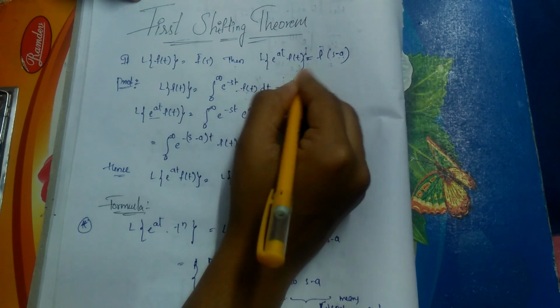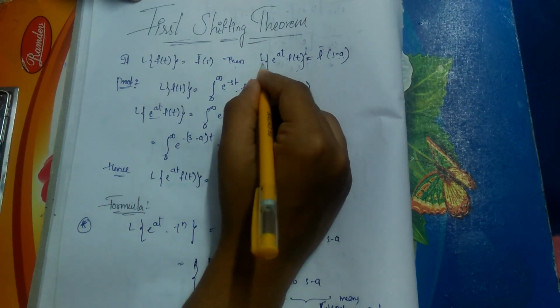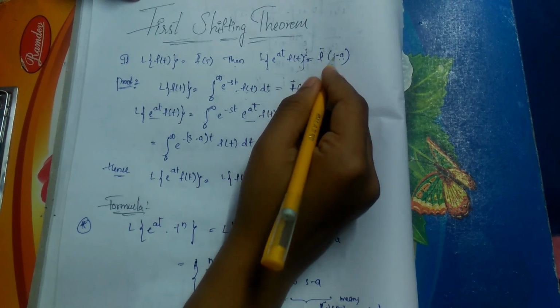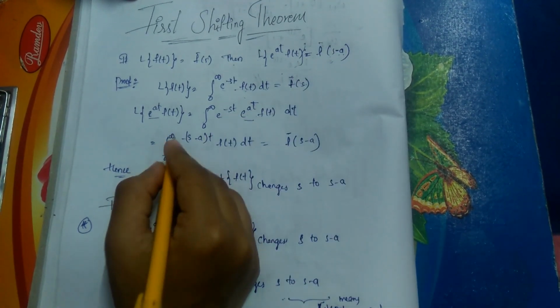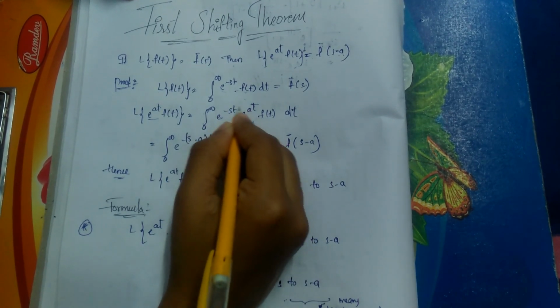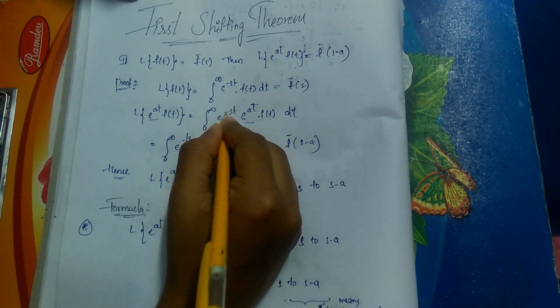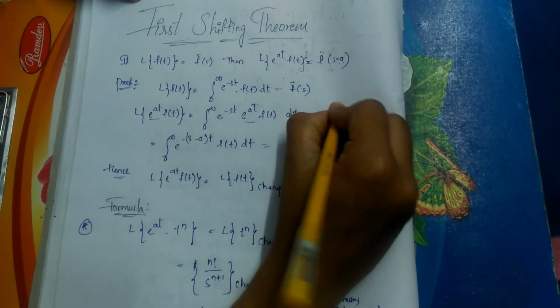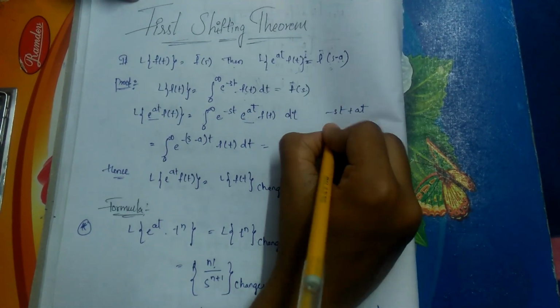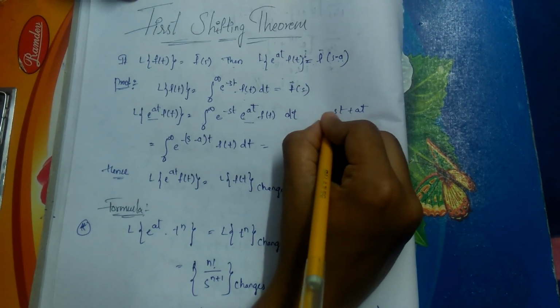Because we have to prove that the Laplace transform of e^(at) into f(t) is equal to F bar of (s minus a). Here the bases are multiplying and they are the same, so the powers will be added: minus st plus at. From both we can take t common, and the minus also we can take common.